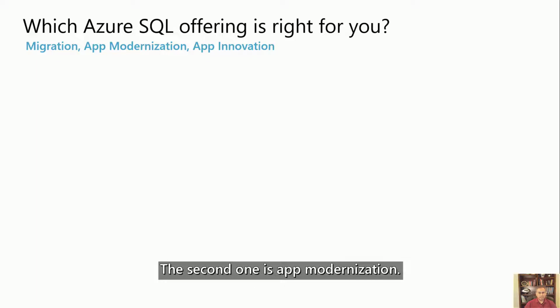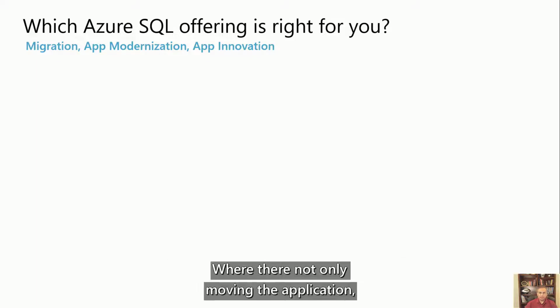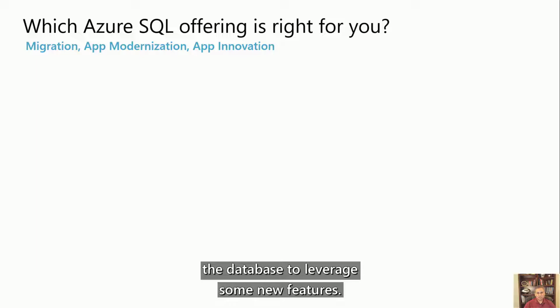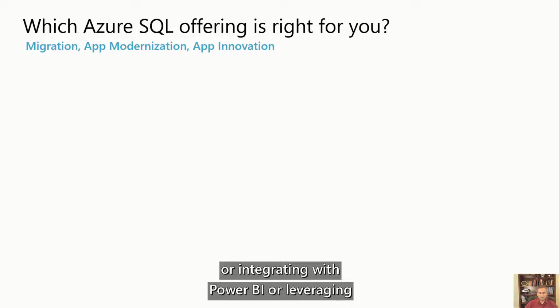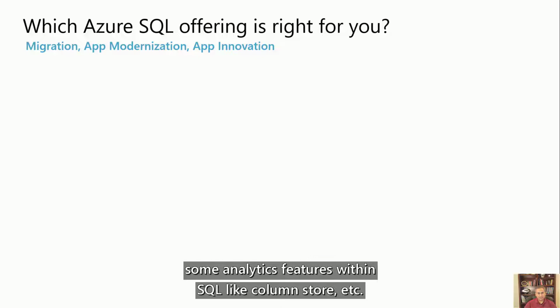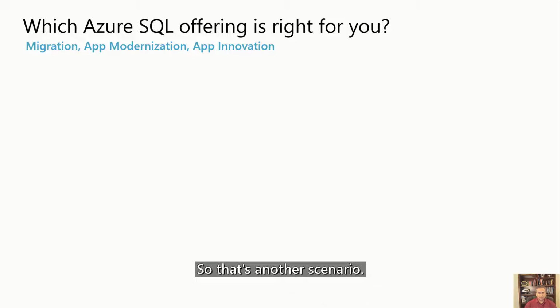The second one is app modernization, where they're not only moving the application, but they're also modernizing it in the sense they are making changes to the application and the database to leverage some new features. For example, built-in ML with R and Python, or integrating with Power BI, or leveraging some analytics features within SQL like column store, etc. So that's another scenario.